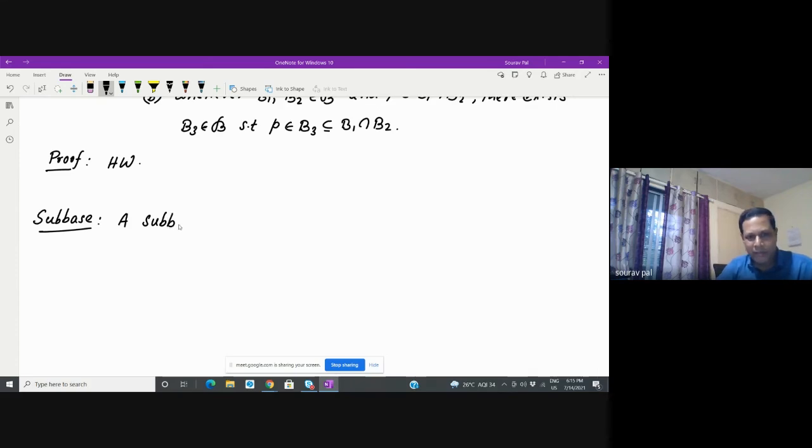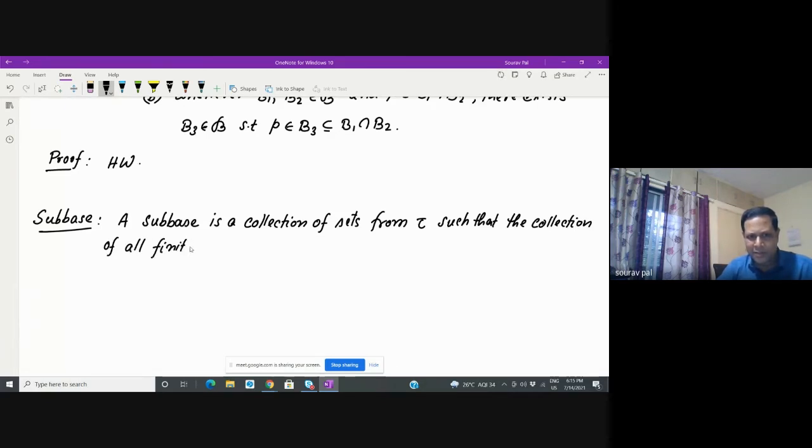A subbase is a collection of sets from tau itself such that the collection of all finite intersections of members of it gives a base.